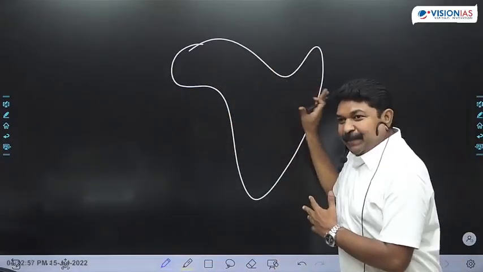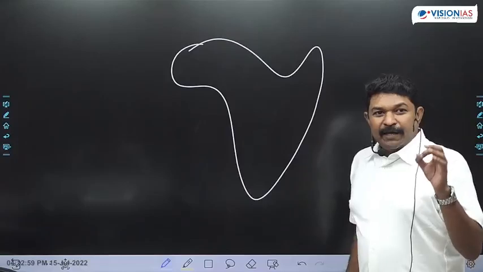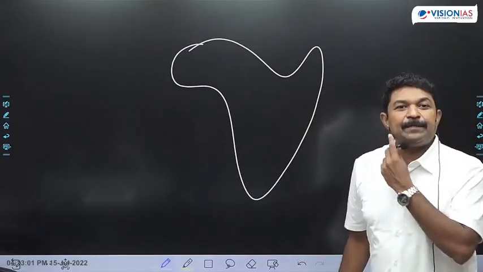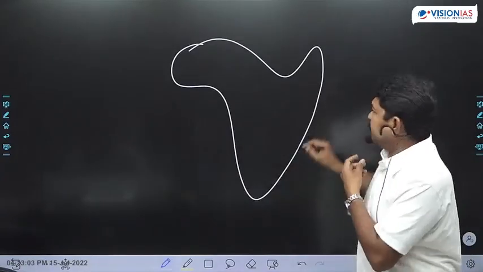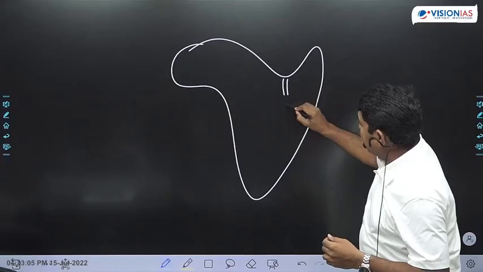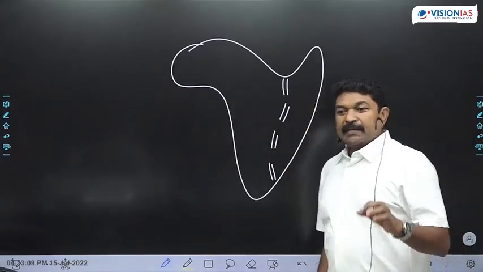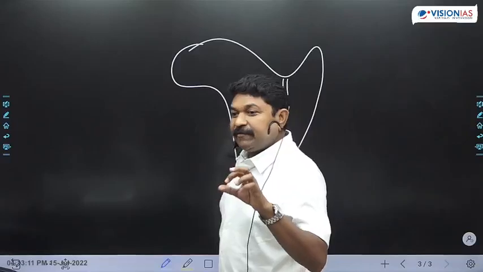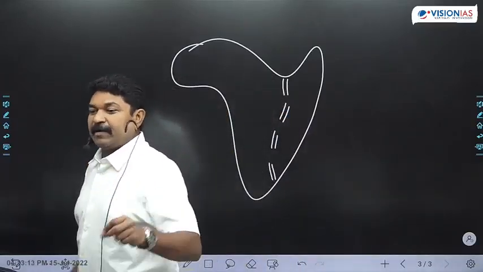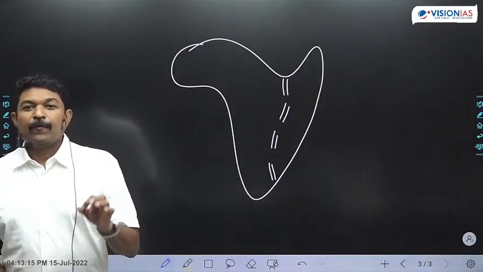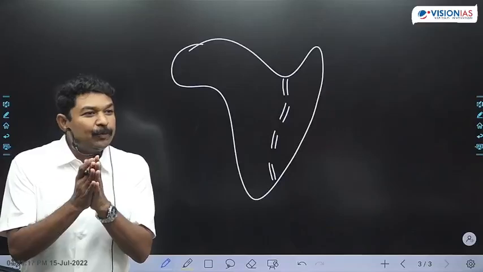Come to the eastern part of Africa. If you carefully observe the eastern part of Africa, what you can find is there are two parallel lines given like this. What do you mean by those two parallel lines?